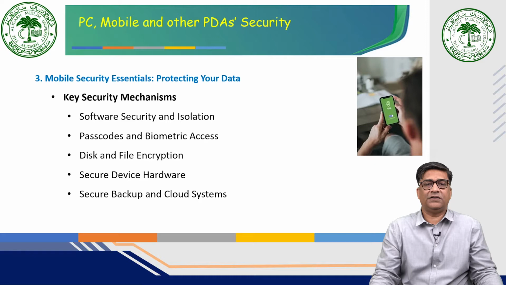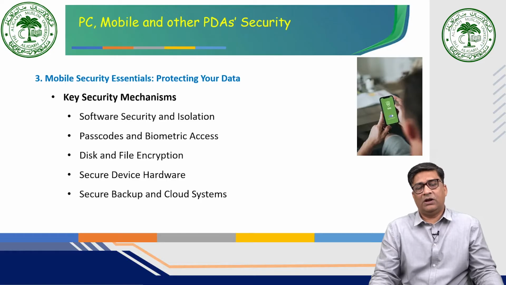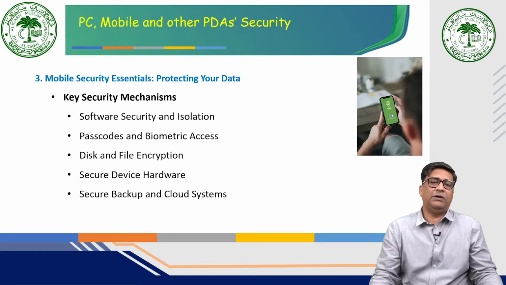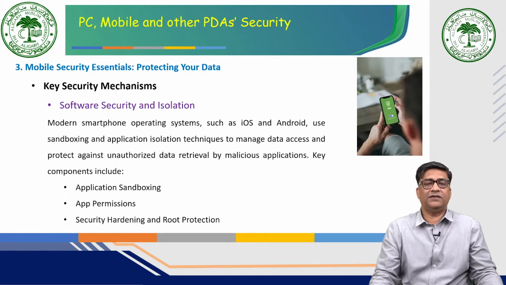Let's discuss some of these key security mechanisms, like software security and isolation, the use of passcode and biometrics access, encrypting the disk and file, securing device hardware, and secure backup and cloud system. Let's discuss each of these key security mechanisms one by one.